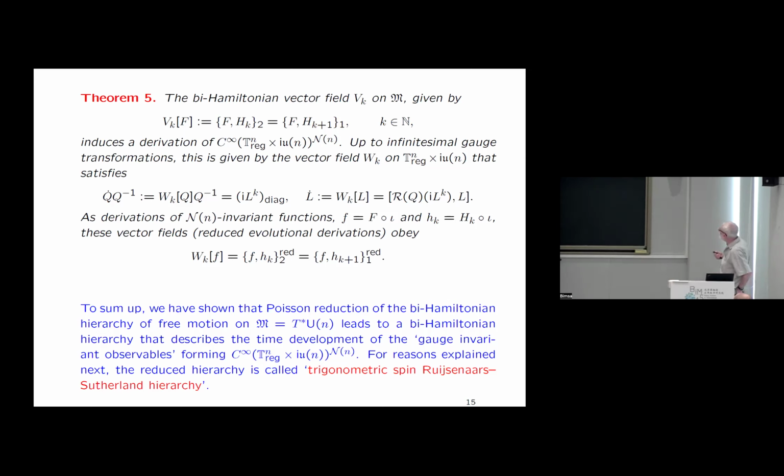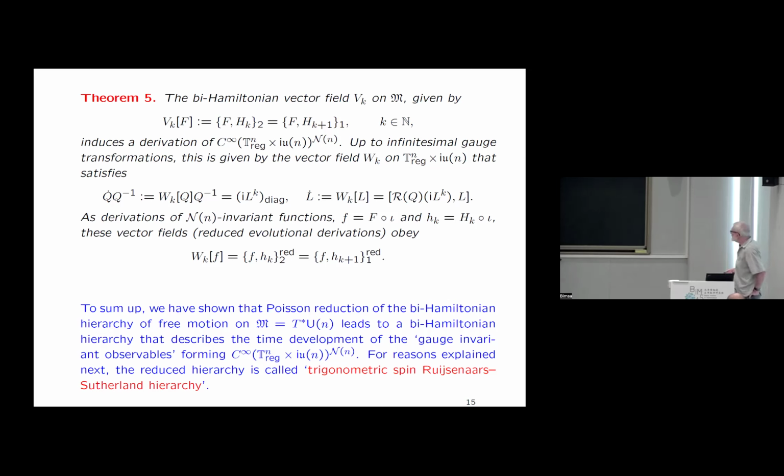They project to vector fields on this gauge slice, because they come from invariant Hamiltonians. And I denote by Wk the reduced Hamiltonian vector field. And this is the formula. You have to give the derivative of Q and L. The derivative of Q is also denoted by a dot. It is given by this, and the derivative of L contains the R matrix.